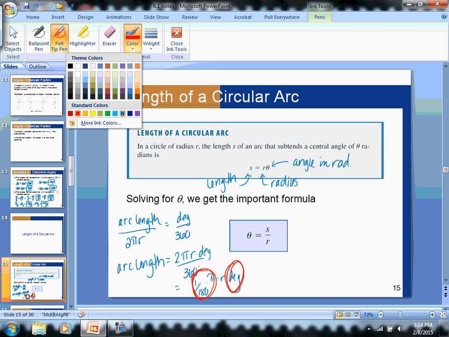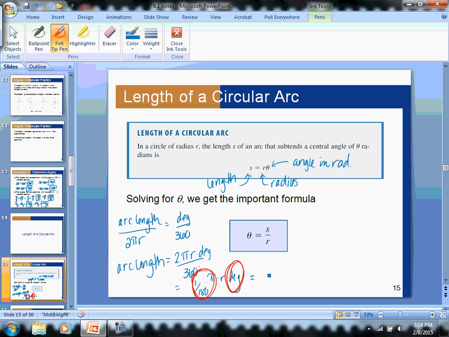So basically what you would get is your angle in radians times your radius. So this formula up here in the top box is the same as what you were using in geometry. It's just a different format.